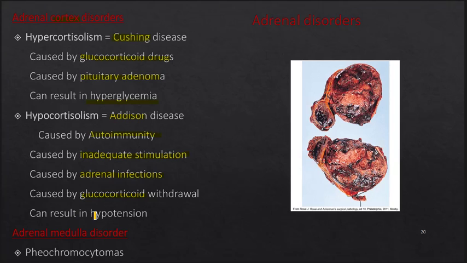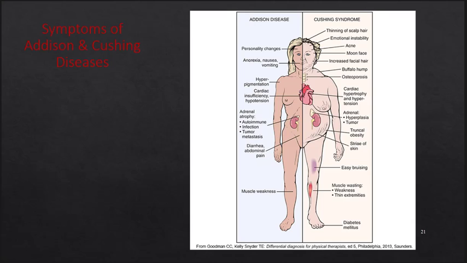And when this happens, it can lead to hypotension, which is a very concerning feature of those with Addison's disease, but it is relatively rare. Hyperfunction of the adrenal medulla is caused by pheochromocytoma, for example. So this is a type of adrenal medulla disorder. And it can cause uncontrolled production of norepinephrine. If the tumor is large enough, it can cause uncontrolled production of epinephrine as well.